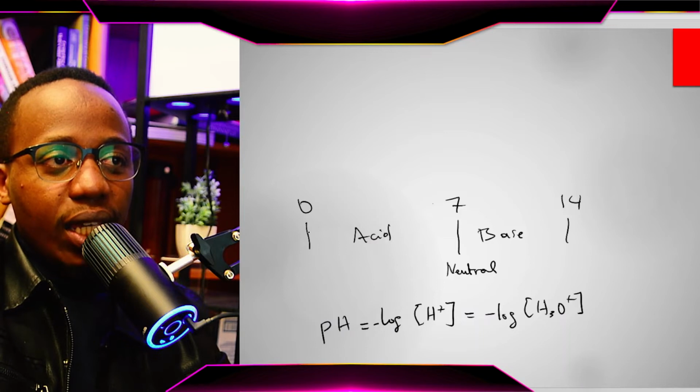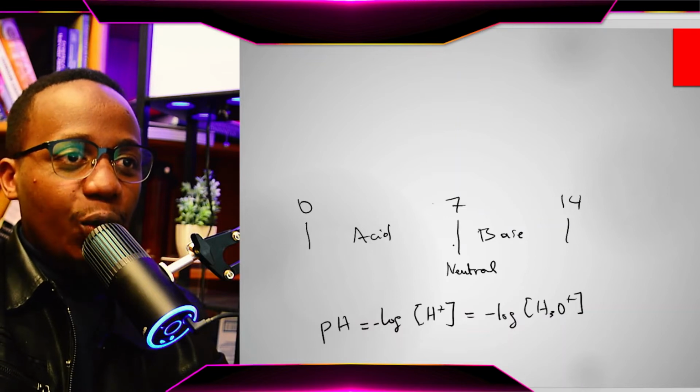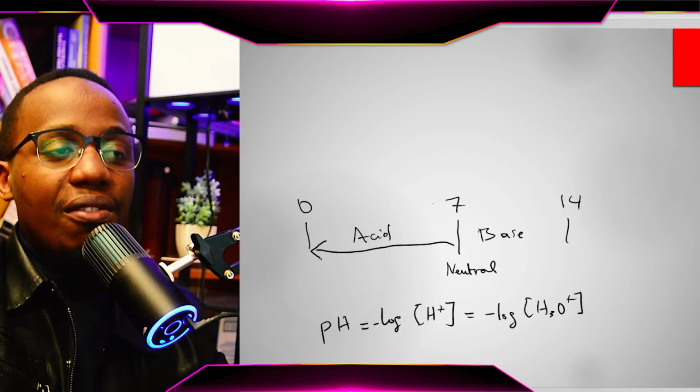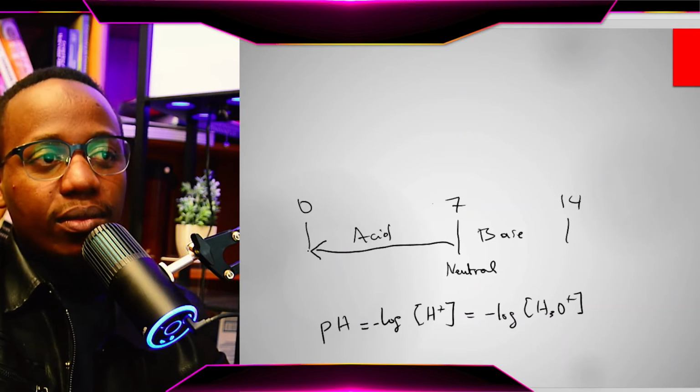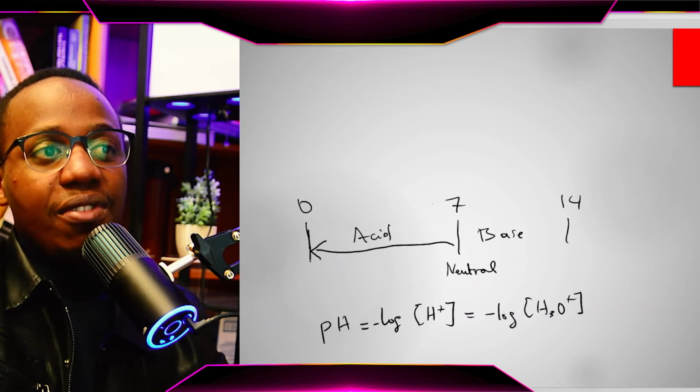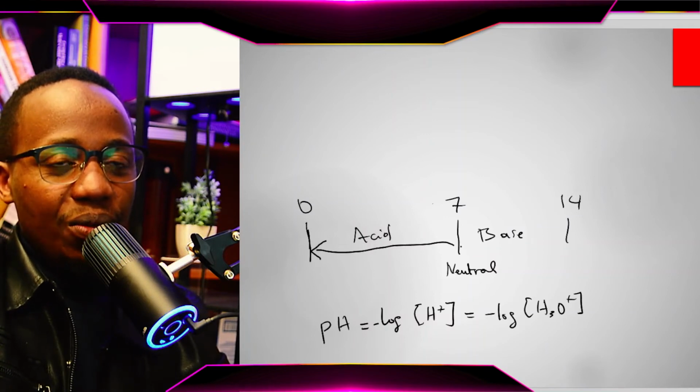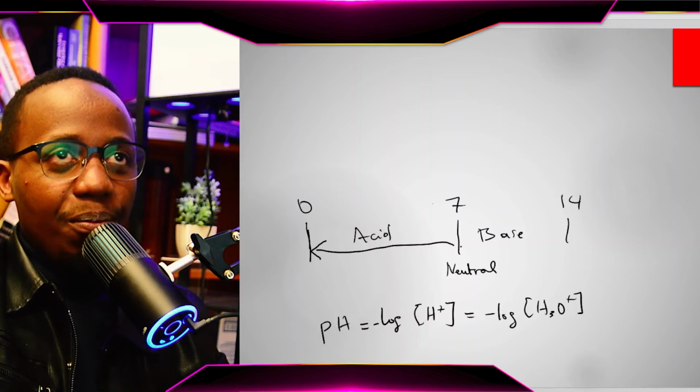Now, going back to the scale here, the strength of an acid increases as you go down the pH. So a very low pH means a very strong acid, right? So, for example, in the stomach, you have a pH of 2.